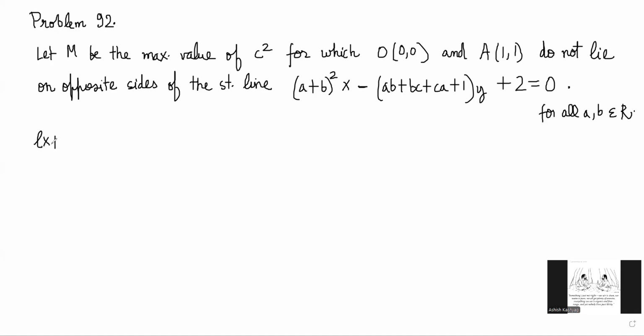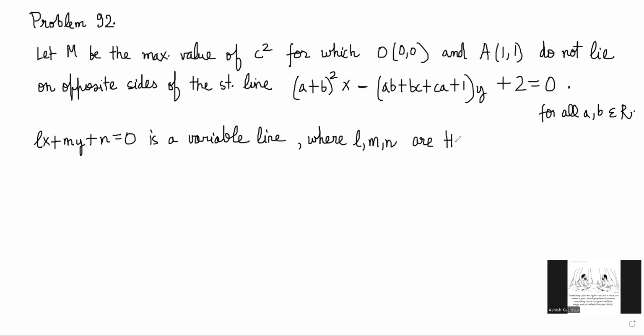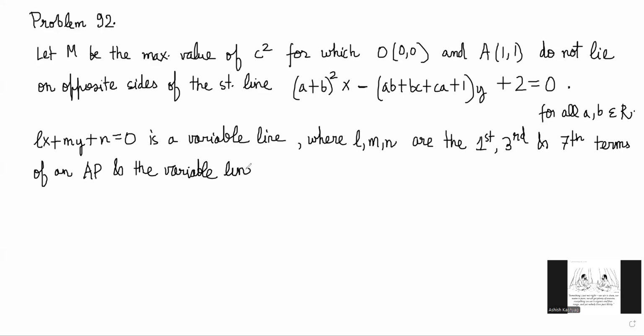It is also given that line lx plus my plus n equals 0 is a variable line, where l, m, n are the first, third, and seventh terms of an AP, and the variable line always passes through a fixed point alpha comma beta.